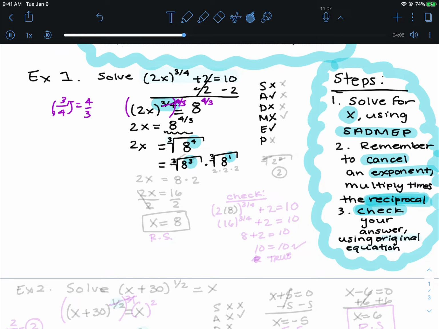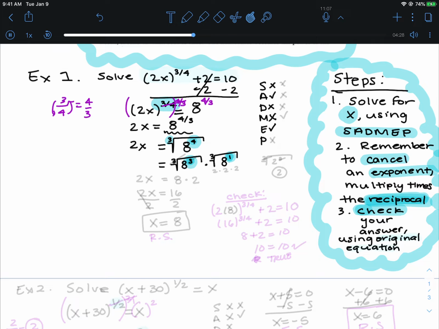The reason why I want to do this is that I separated them according to the index that I had, which is this right here, 3. So I wanted to group this in groups of 3. But 4 can only be separated into groups of 3 once with 1 remaining, okay?